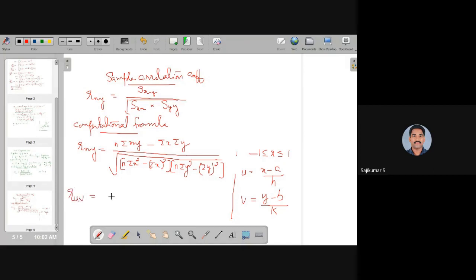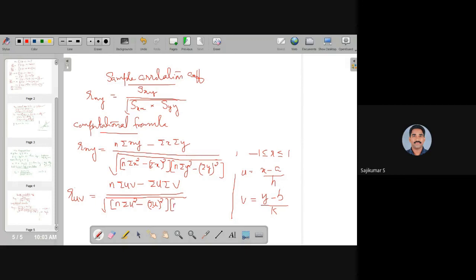Ruv is equal to, in Ruv terms, the same formula, that is n into sigma uv minus sigma u into sigma v, the whole divided by the square root of the first bracket, n sigma u square minus sigma u the whole square. See, this is summation u square only, it's not the whole square.